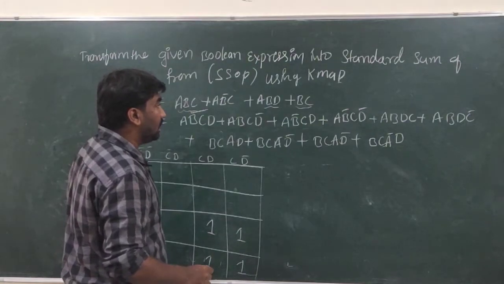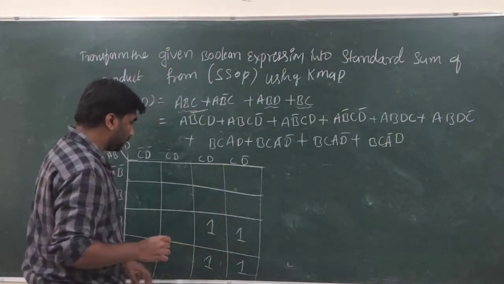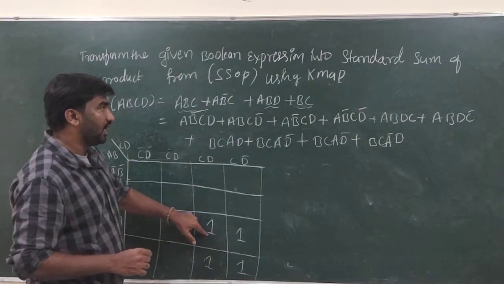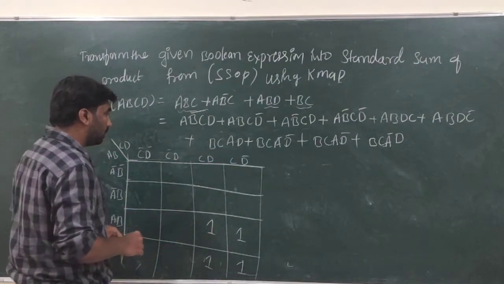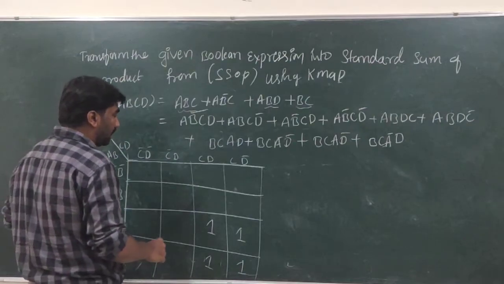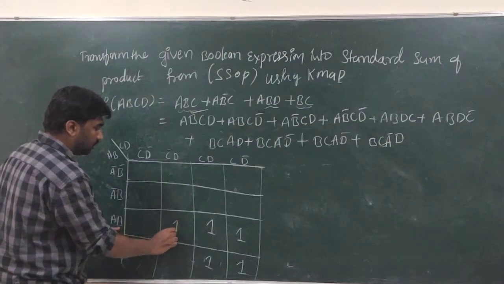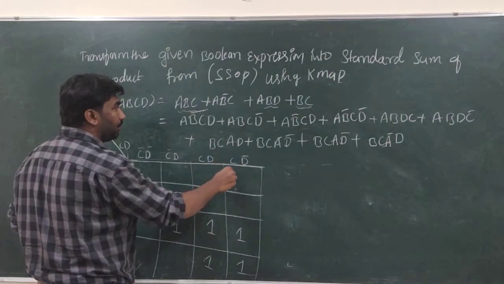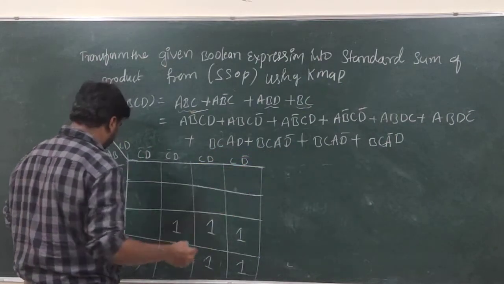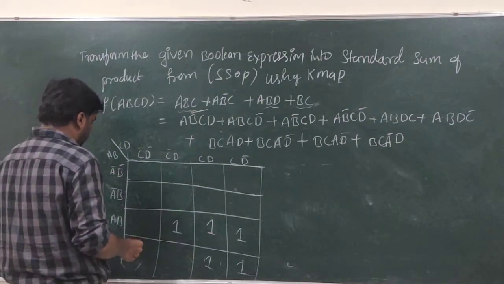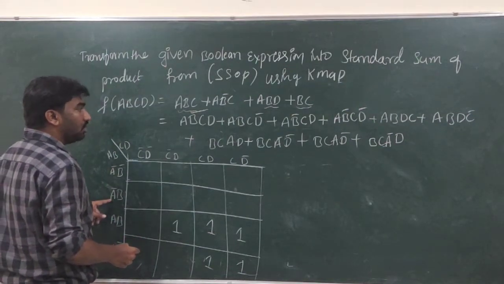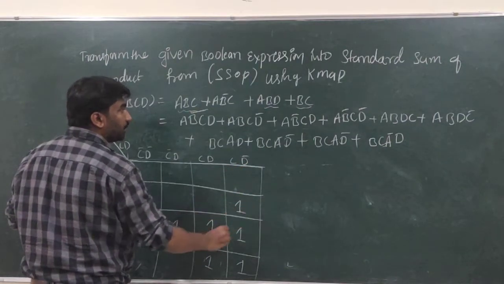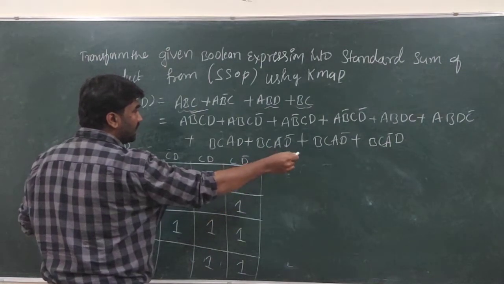ABDC is already over, so no need to take that again. Next ABDC bar, so this one. Next ABCD is also over, and BC A bar D bar, here you will get 1.